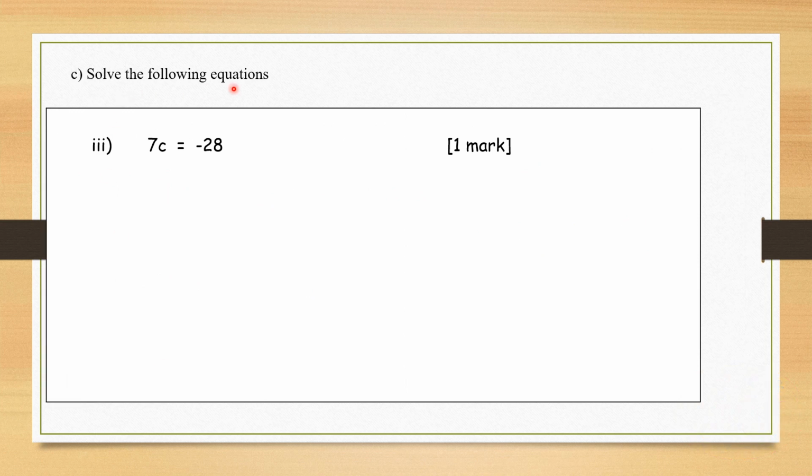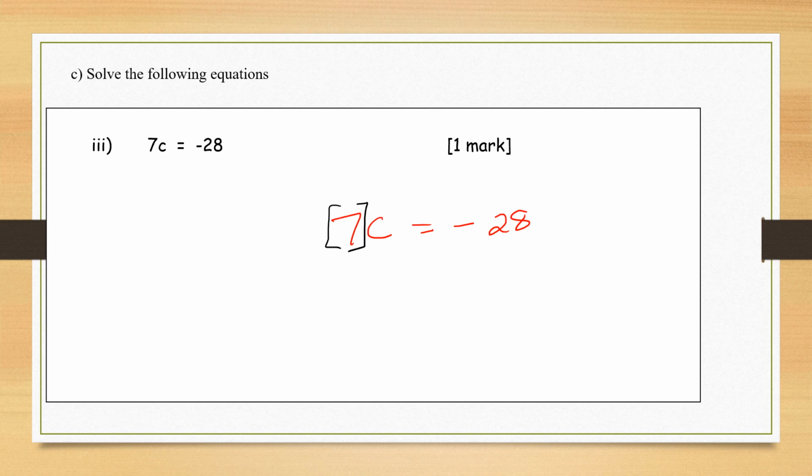Solve the following equation. Part 3, 7c equals negative 28. So we need to divide both sides of this equation by the coefficient. Okay, and this is the coefficient of our c.